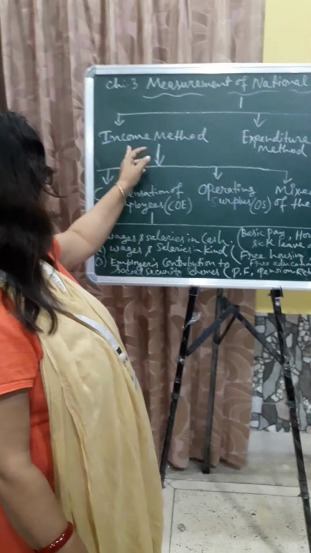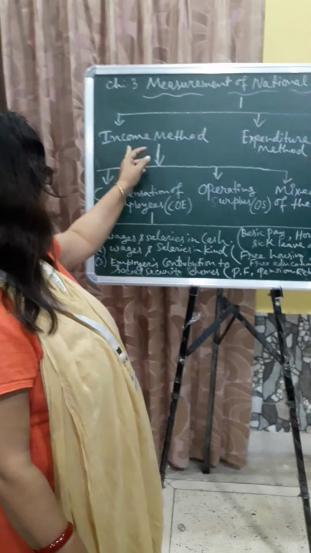Clear? So again I repeat, measurement of national income. National income can be calculated with the help of three methods: income method, expenditure method and production method. Another name of the production method is value added method.